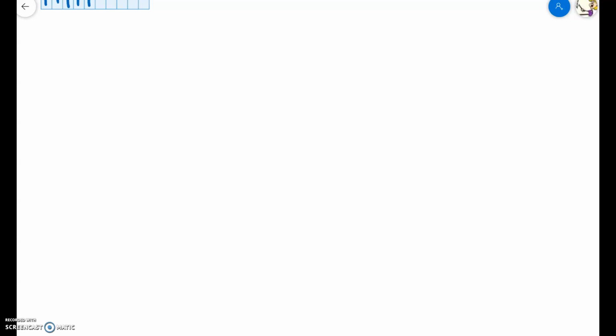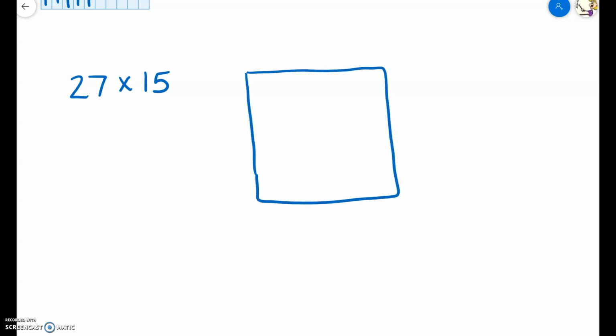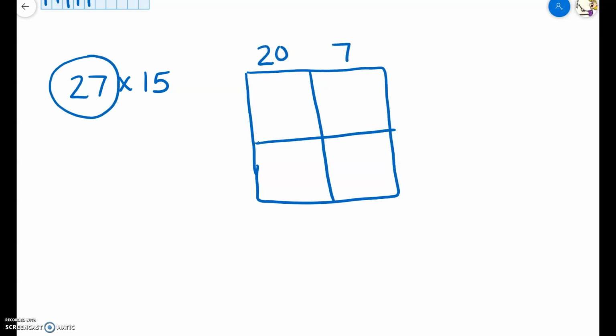There's two types: double digit. Remember, if you have two double digit numbers, we do the area model. Some of you have forgotten how to set up your area model. What you want to do is break up each number. So 27 can be 20 and 7, and 15 would be 10 and 5.